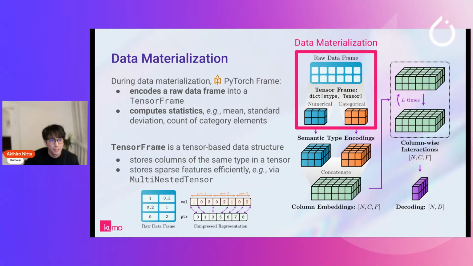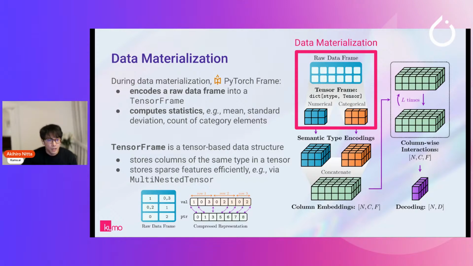These stats are useful for filling missing values at a later stage. On your right, you see the raw data frame and the tensor frame. This stage is responsible for producing a dictionary of tensors called a tensor frame, which is basically a mapping from column names to tensors.